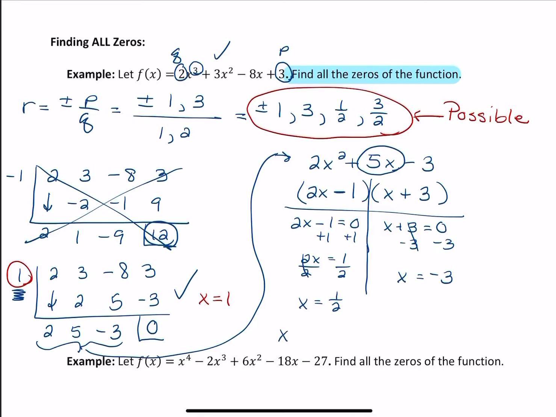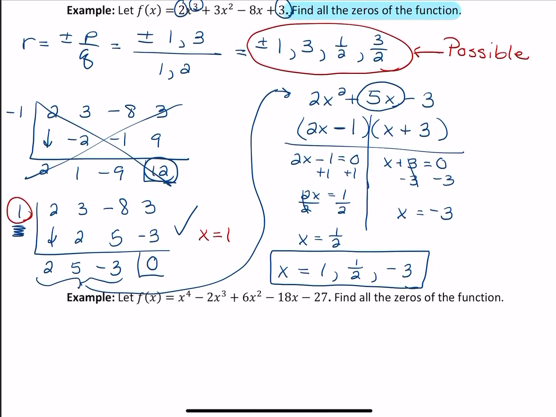I have a 0 at 1, I've got a 0 at 1/2, and I have a 0 at -3. So the key there is find all your possibilities and then just start guessing and checking until you get one that works. You may have to find more than one that works.